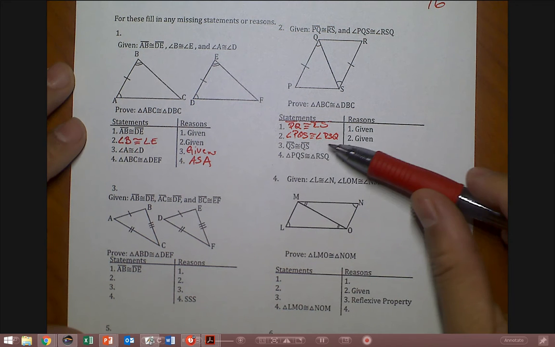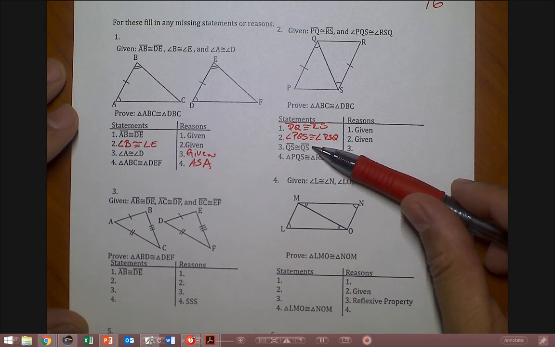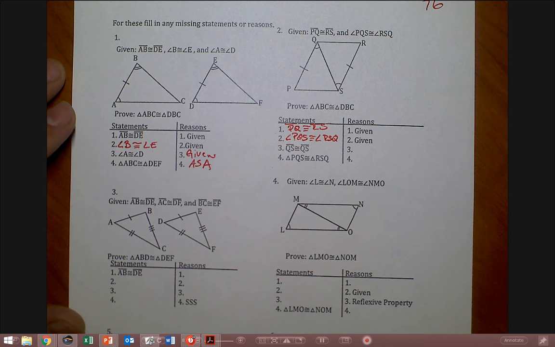Now, let's look at 3. QS is congruent to QS. What is that? Look at your checklist. Look at your checklist. Is it?